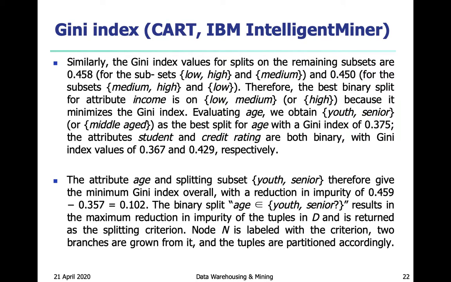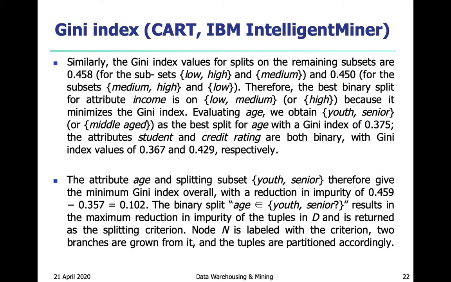And evaluating the age, we obtain that youth, senior, or middle aged as the best splitting subset with this Gini index. The attributes student and credit rating are both binary with Gini index 0.367 and 0.429 respectively.